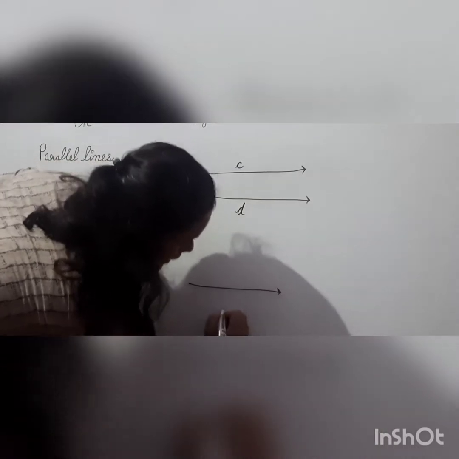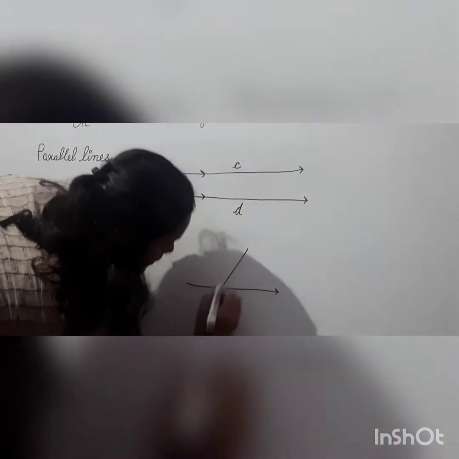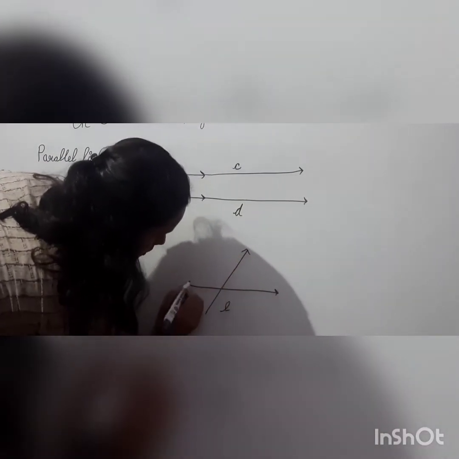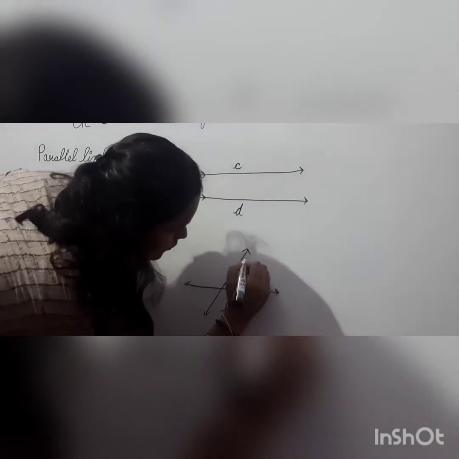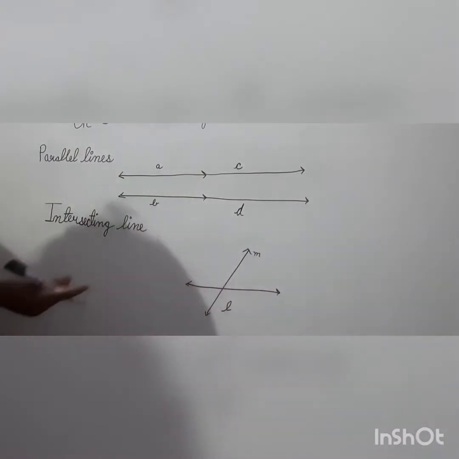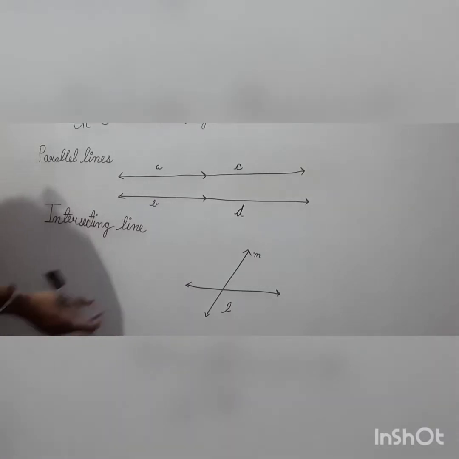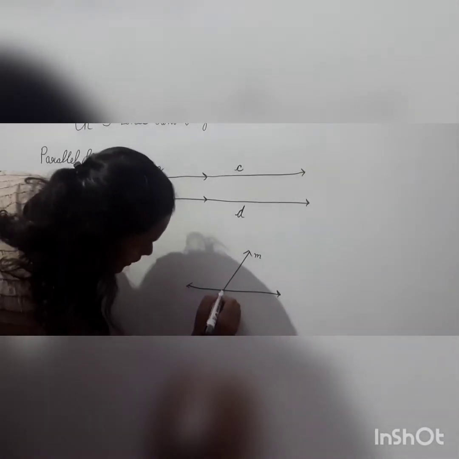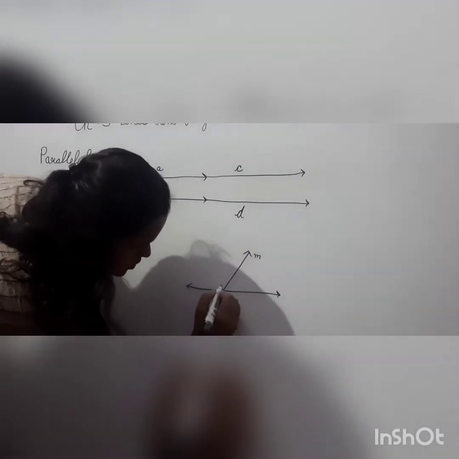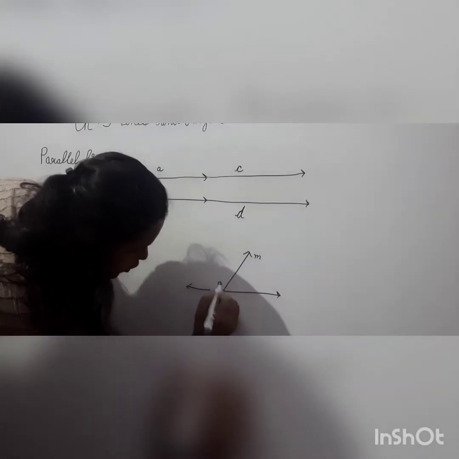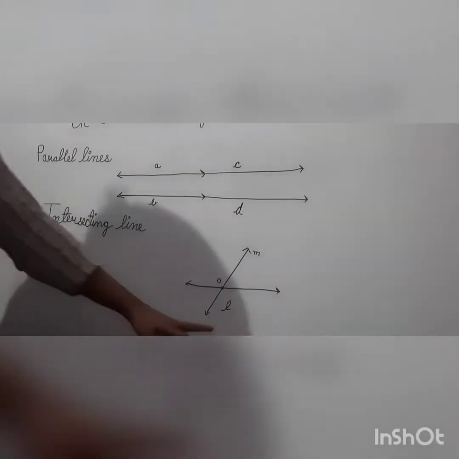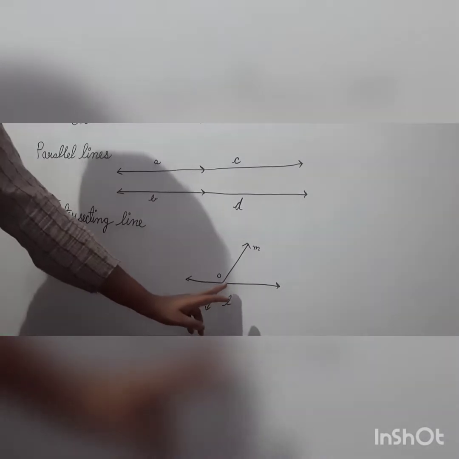Suppose this is a line L and this is a line M. You know that these lines L and M are intersecting at a common point. Suppose this is O. You are seeing that L and M are intersecting at a point O.